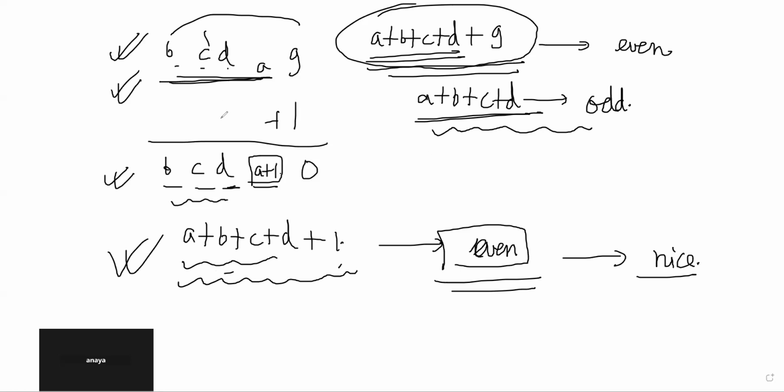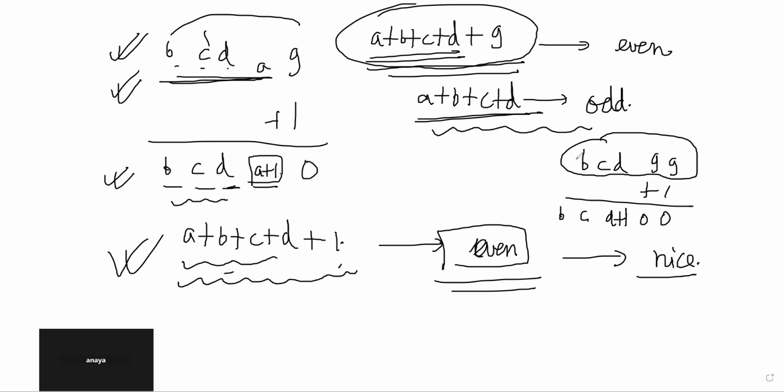Same thing you can test: if there are two carryovers, it won't work. For example, if I do B, C, D, 9, 9 and add a 1 to it, you get a 0, you get a 0, you get a D plus 1 and a B and a C, right? If this number is nice, then first of all, it can't be nice because there are two repetitions, right?